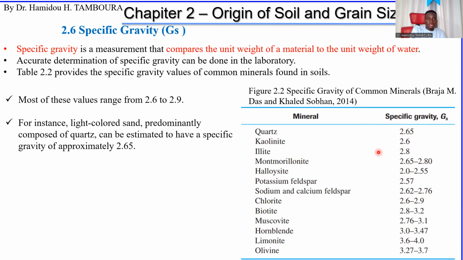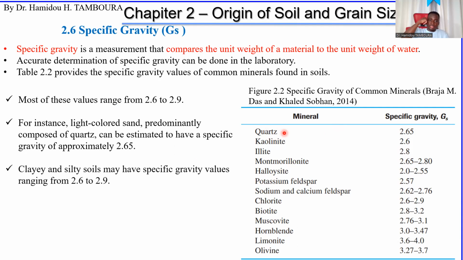For instance, light colored sand, which contains mostly quartz, can be estimated to have a specific gravity of approximately 2.65, same as quartz.